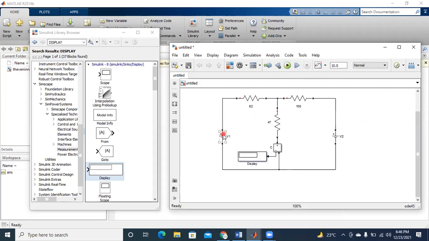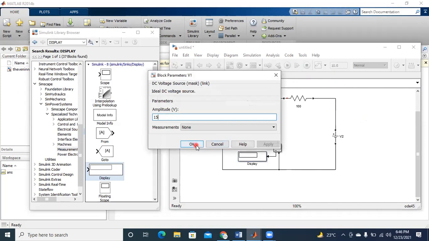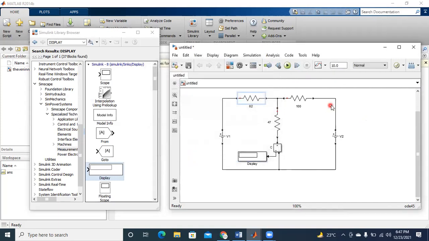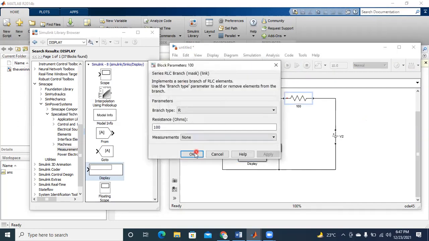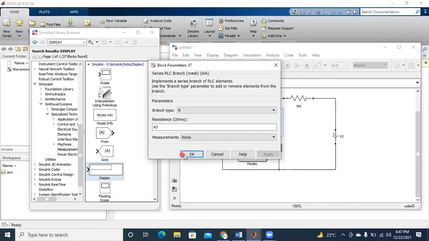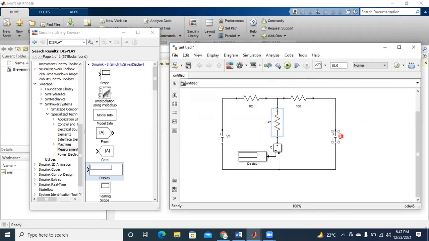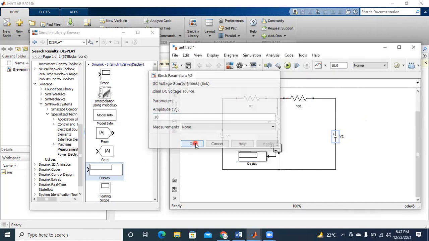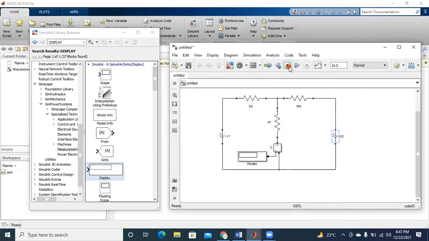As I said, this is 15 volts, 82 ohms, and this 100 ohms, 47 ohms, and this 10 volts. Run the circuit and see what the current flow in your circuit will be.